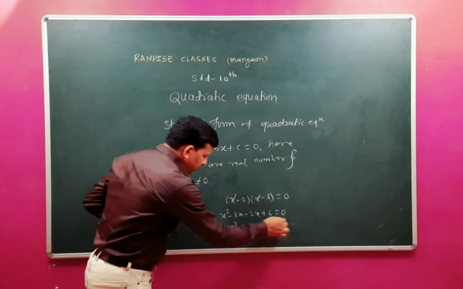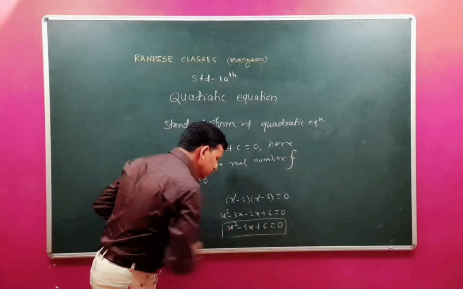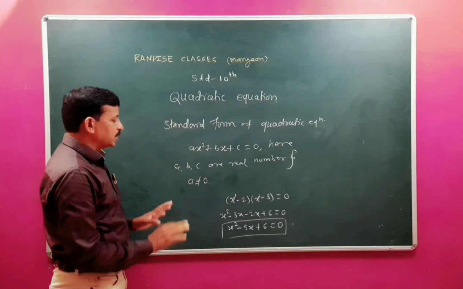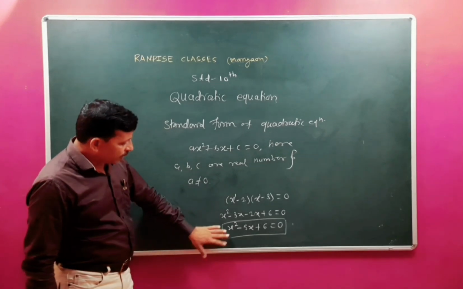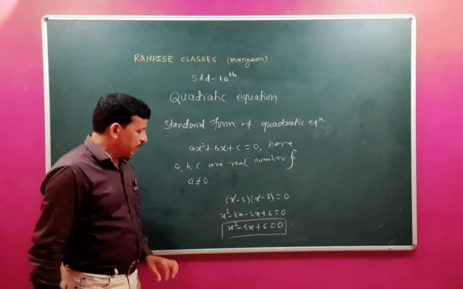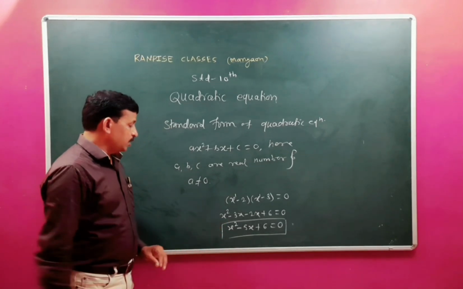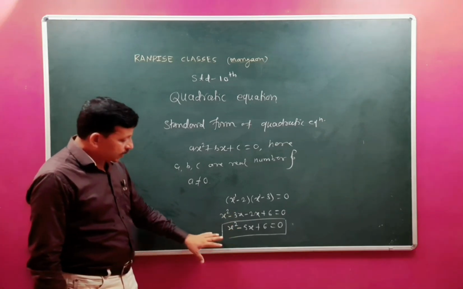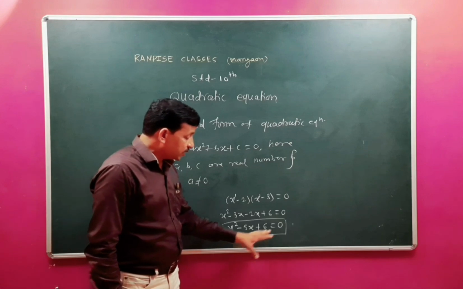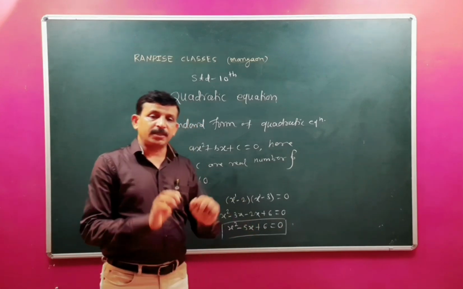Now see here, all conditions are satisfied for a quadratic equation. Here the variable x is a single variable and the maximum power of the variable is 2. Therefore x² − 5x + 6 = 0 is a quadratic equation.